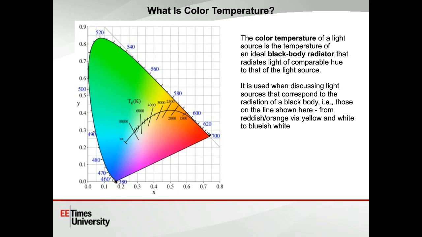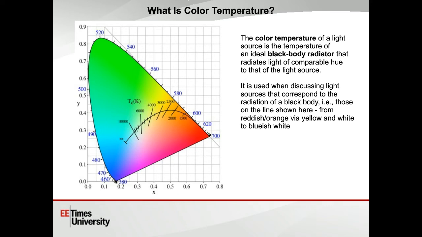So a black body, importantly, is also an ideal emitter at every frequency. And the color temperature of a white light source is defined in terms of its resemblance to a black body emitter at the same temperature.